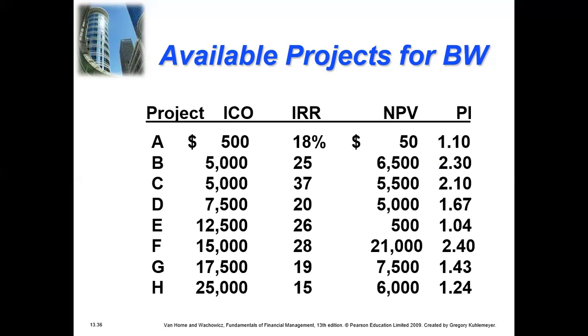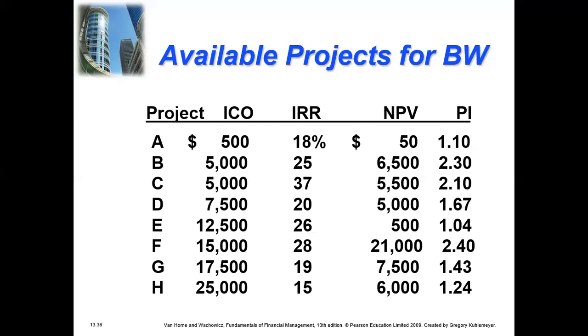So if we see on the slide, we can see project F is having maximum profitability index, that is 2.40. So one is project F, that is 2.40. Second is project B, that is giving 2.30. Total investment is 20,000 now.